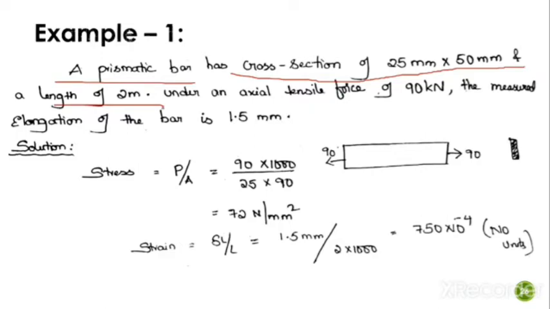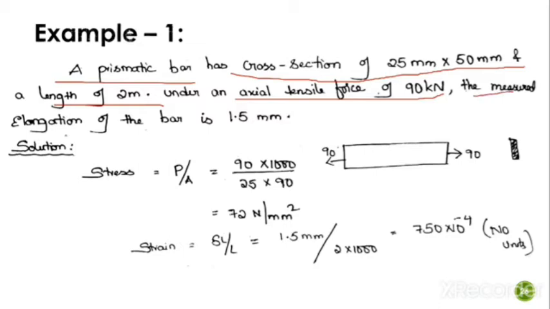So the cross section is a rectangular cross section, and the length of the bar is 2 meters or 2000 mm. An axial load is applied on that bar. How much is it? 90 kilonewton, which is 90 into 10 to the power of 3 newtons.